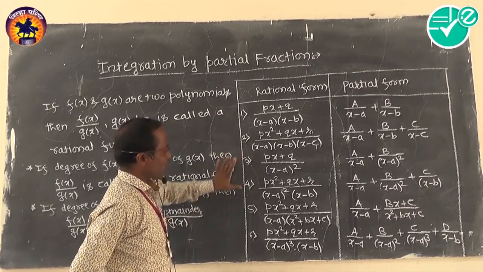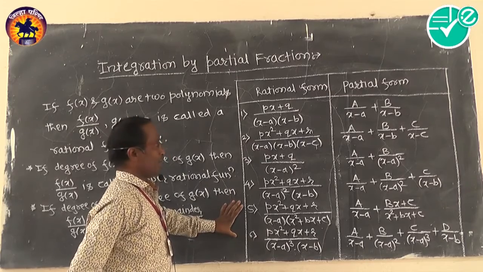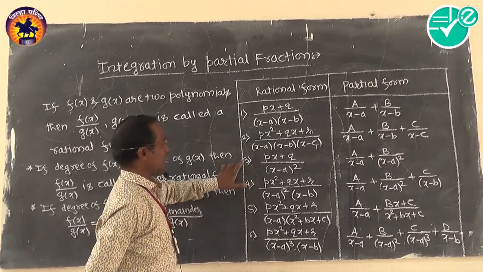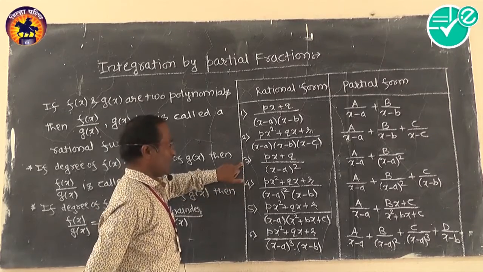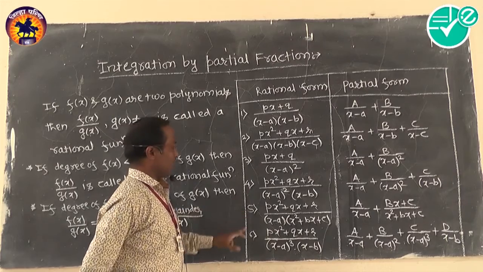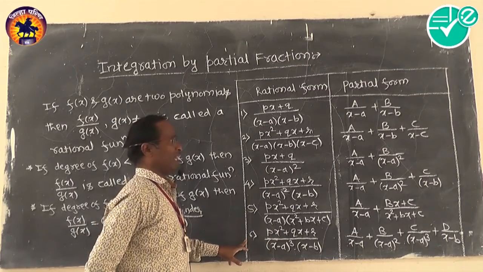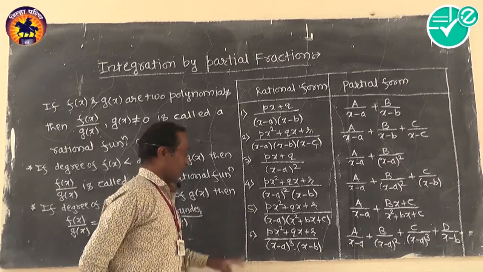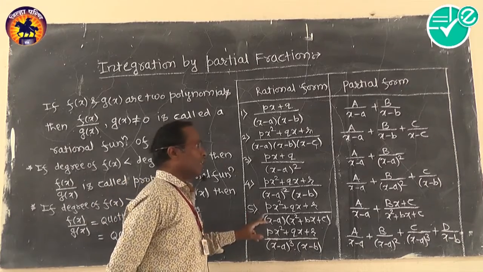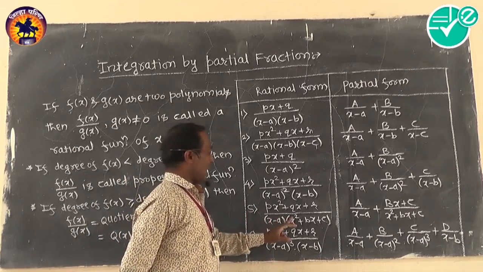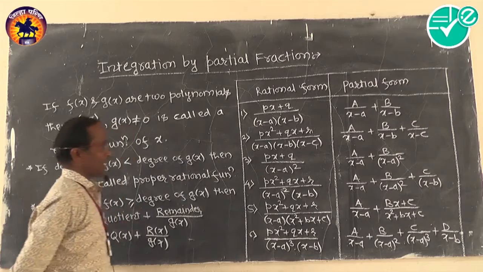The third is repeated factors only, the fourth and sixth are repeated and non-repeated linear factors, and the fifth is non-repeated linear and quadratic factors.